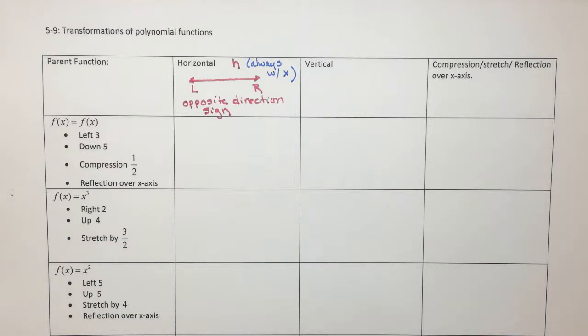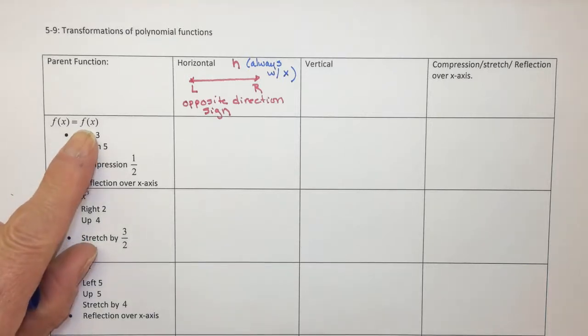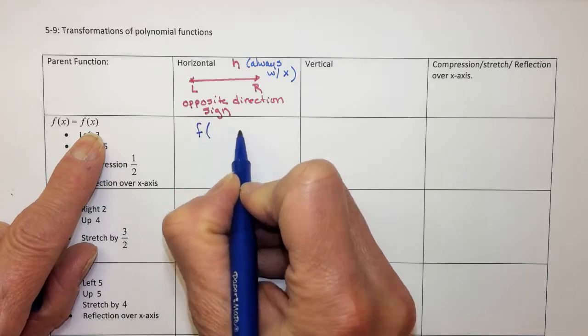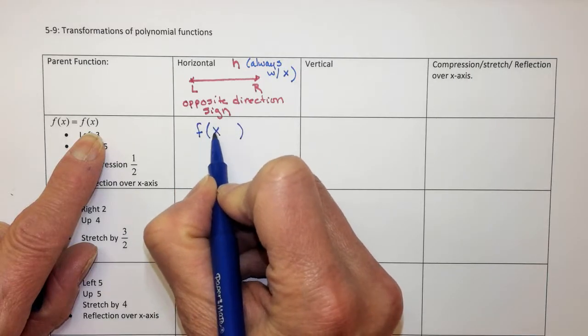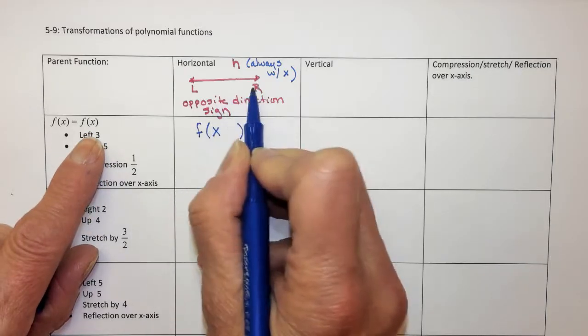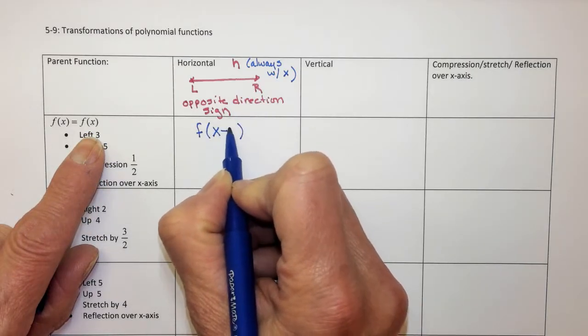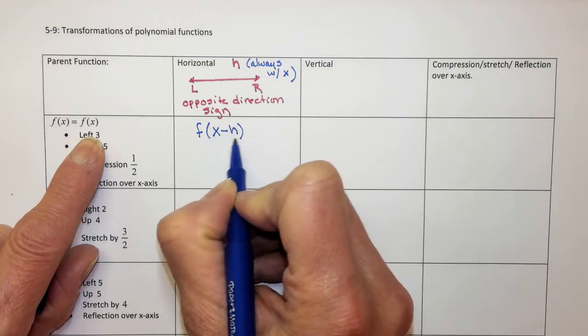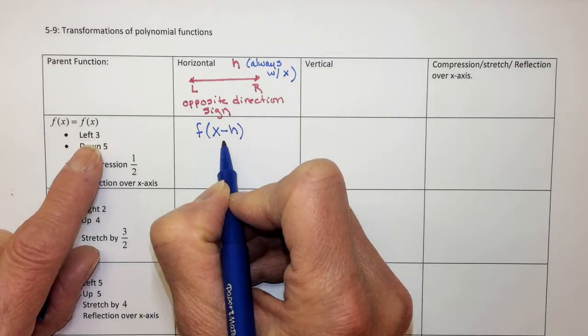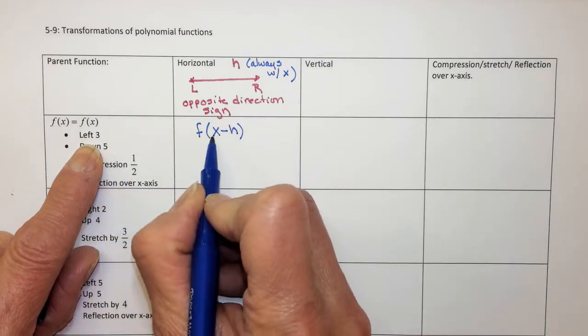So what do I mean by that? If I take my function f of x, in the parentheses, I'm going to move my x so many positions either left or right. So that's what that would look like as a parent function, a general function.